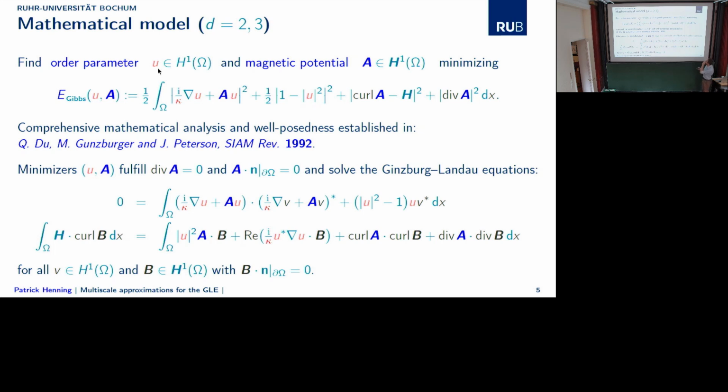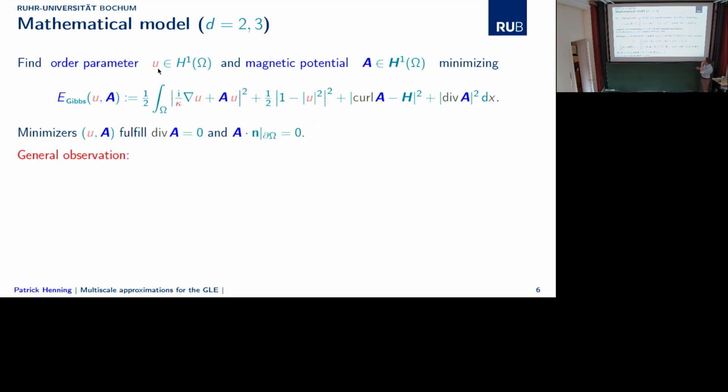And what is this simplification based on? It is based on the general observation that in practice, if you solve this minimization problem numerically and you look at your minimizers, then the interesting quantity is that order parameter. That's where you will see the vortices, that's where the interesting stuff is going on.